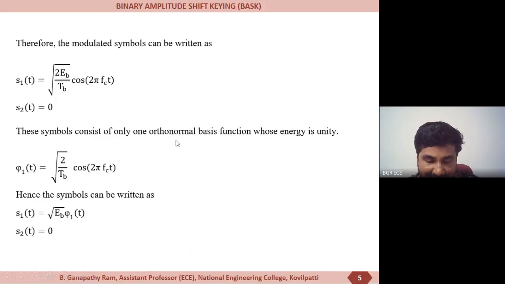So s1(t) can be represented like this and s2(t) can be represented like this.